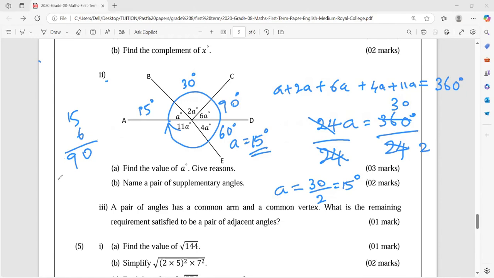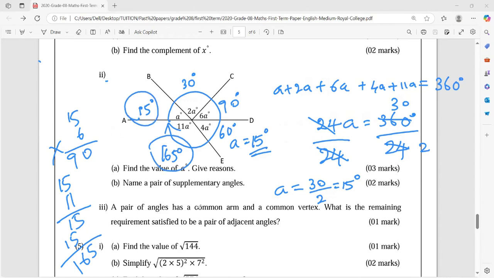So if it is 11a, that means 15 into 11, it is going to be 165 degrees. And you can say 165 plus 15 is equal to 180. Therefore, we can take the supplementary angles, two supplementary angles, which we have to name only.